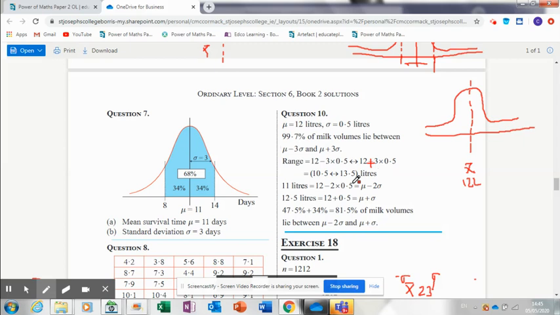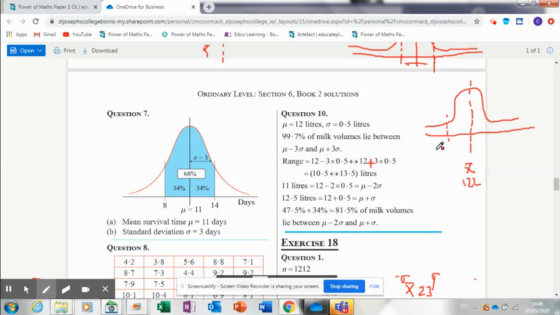Right. Now, the next thing you're asked, what percentage of the herd produced between 11 litres and 12.5 litres? So I look at 11 litres and I look at 12 litres. The difference is 1 litre, that's 2 standard deviations below, and 12.5, 1 standard deviation above.